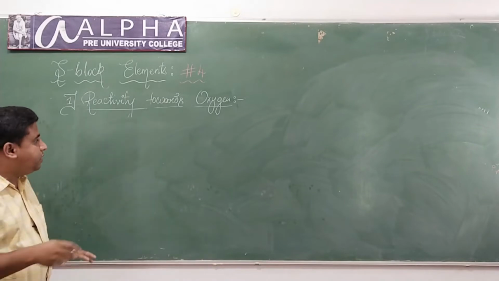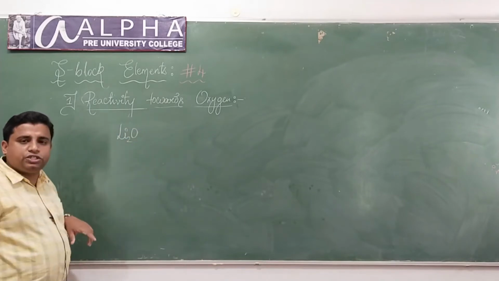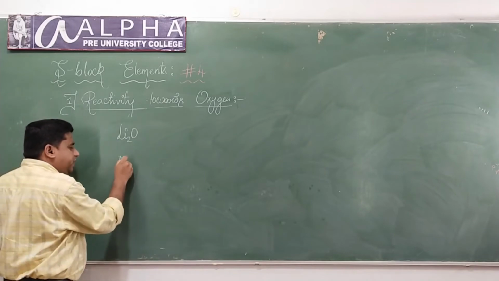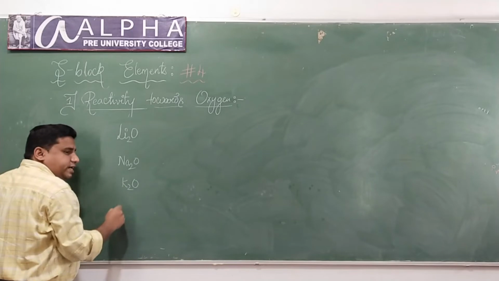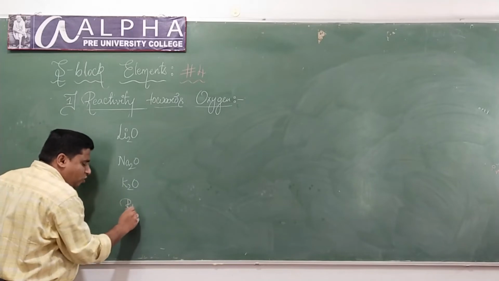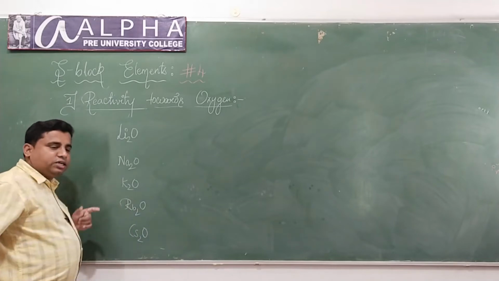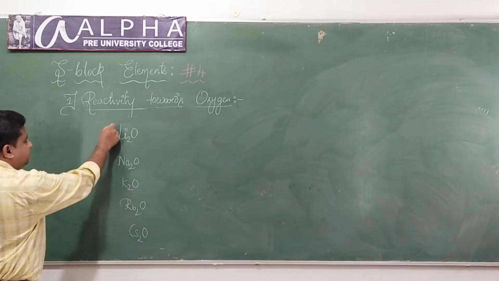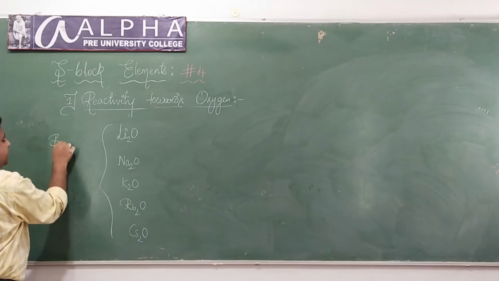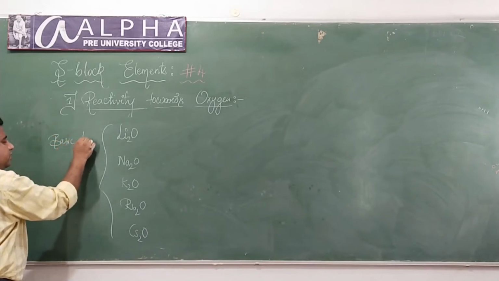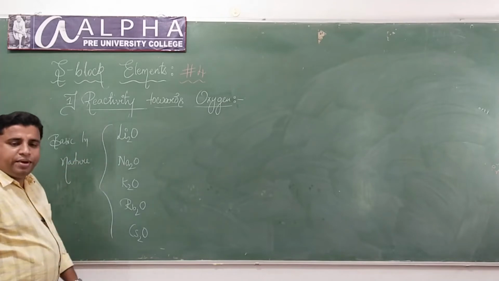Look here, lithium oxide, formula Li2O, is basic in nature. Sodium oxide, Na2O, is also basic in nature. Potassium oxide is basic in nature. Rubidium oxide is basic in nature. Cesium oxide is also basic in nature. All these oxides are basic in nature, isn't it?